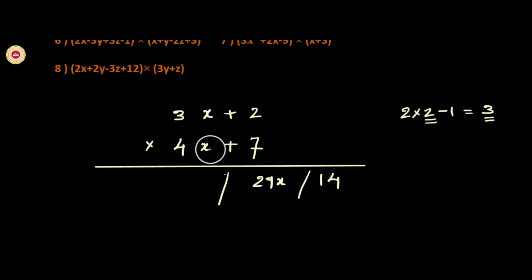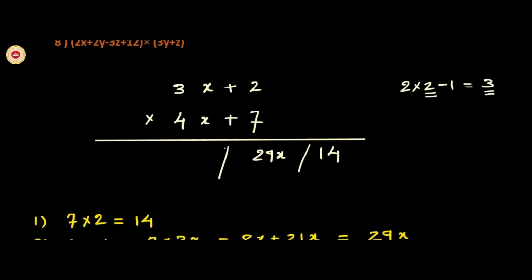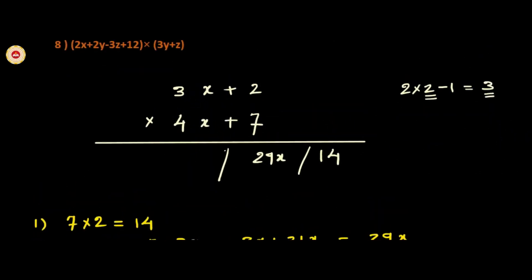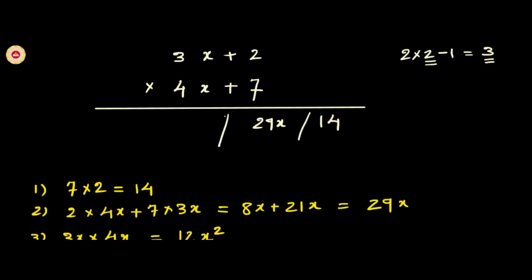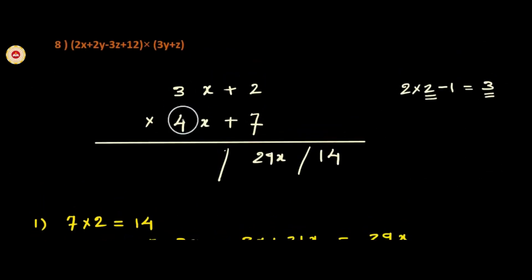So it is a single column, so multiply the digits in the second column vertically. The third step will be 3x multiplied by 4x, which is equal to 12x squared. So write 12x squared in the third part. Okay, so we have written the answer in three parts.